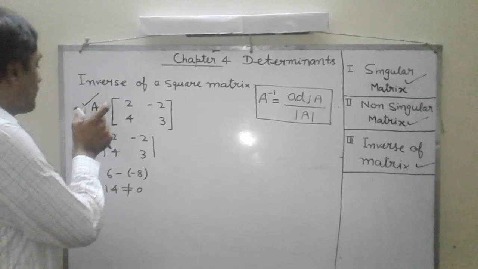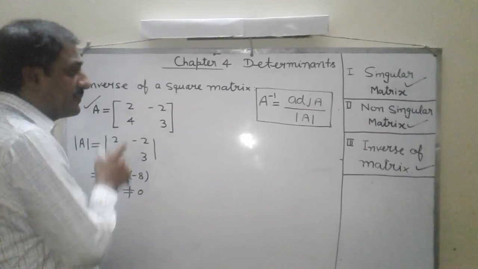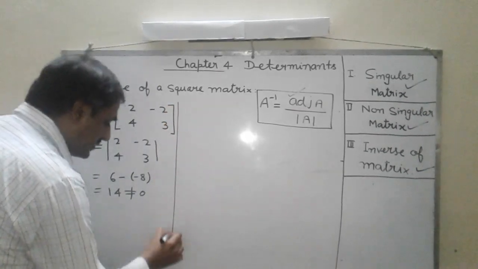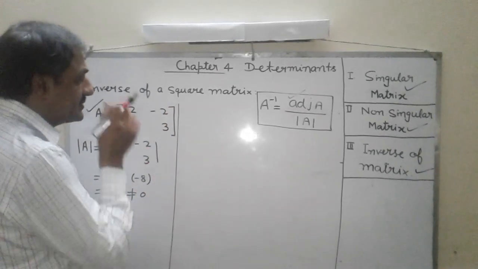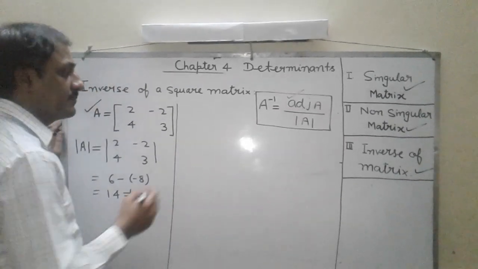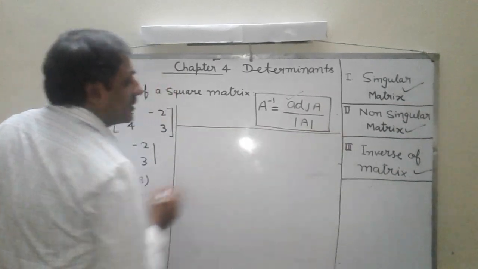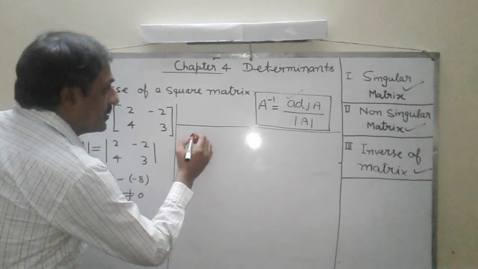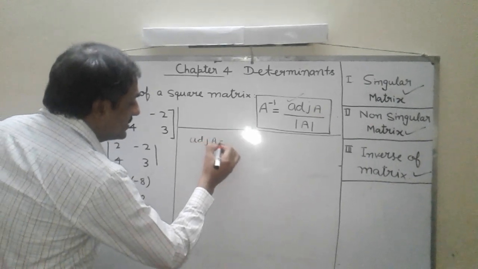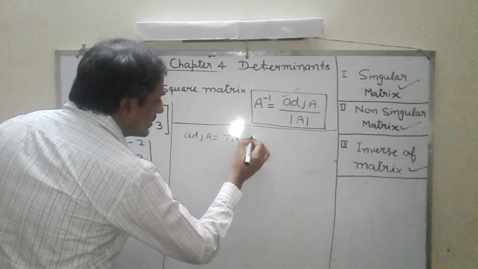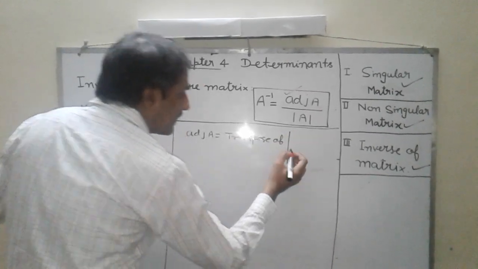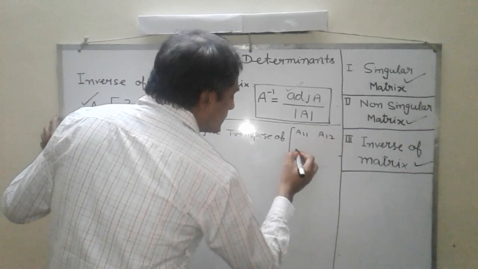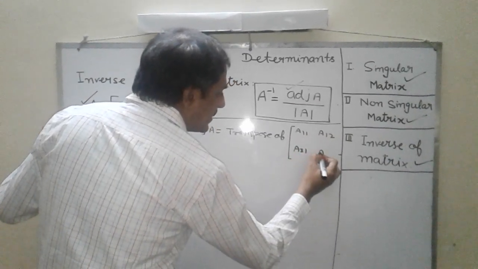For finding the inverse of this square matrix, first of all we will find the adjoint of A. In the previous class we have already discussed the adjoint of A. Adjoint of A is equal to transpose of the matrix A11, A12, A21, A22.